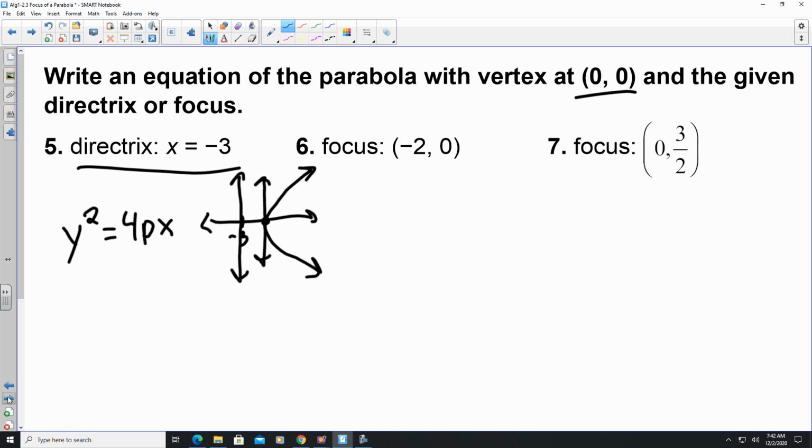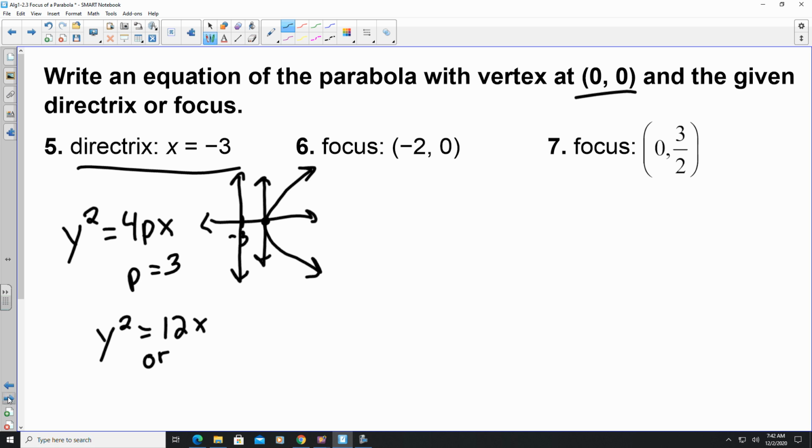Now, in order for us to write the equation, we just need to figure out the value of p. Well, the value of p in this particular instance is going to be the opposite value of the directrix. So p is going to be the opposite of -3, which is +3. So in this example, my equation for the parabola is y squared equals 12x.